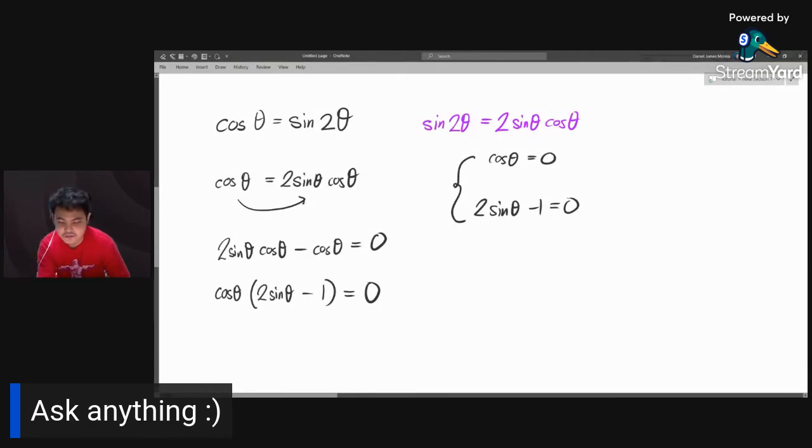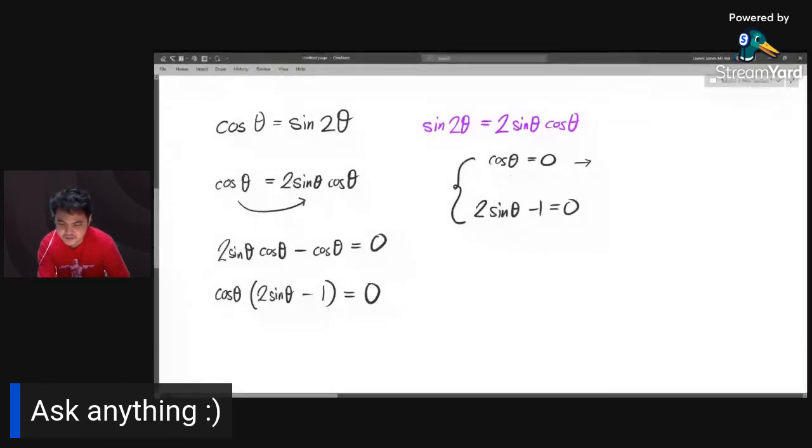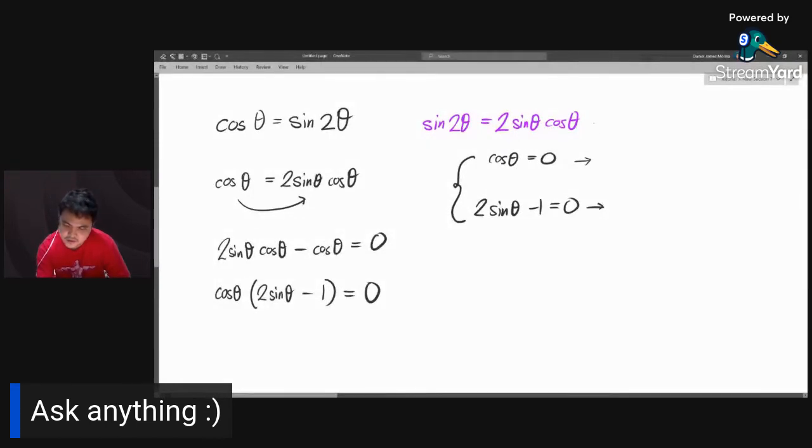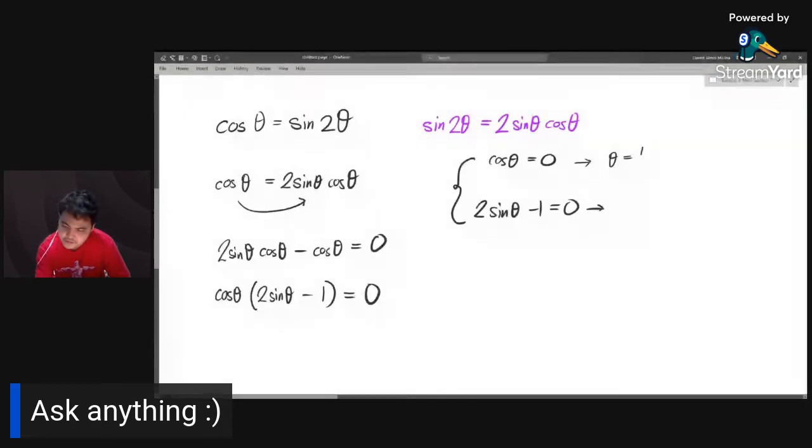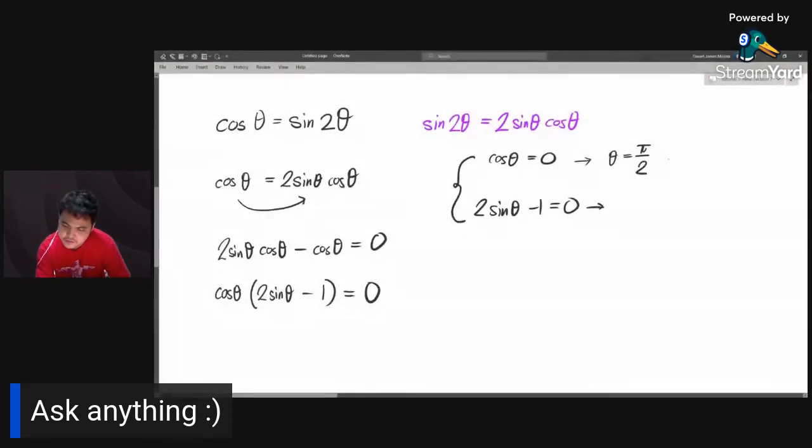We can actually solve for the values here. Okay. So for cosine theta equal to 0, theta must be, I think that's pi over 2. Yes, it's pi over 2 plus 2k pi. And we also have 3 pi over 2. No, sorry.